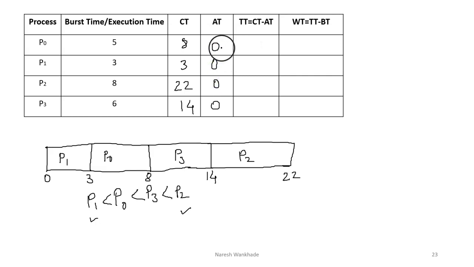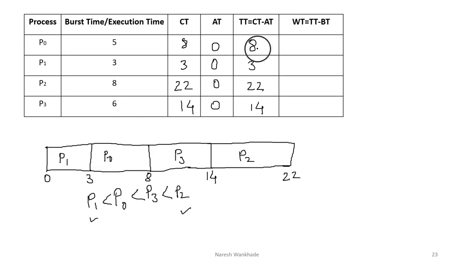Then turnaround time is completion time minus arrival time. That is 8 minus 0, 8; 3 minus 0, 3; 22 minus 0, 22; and here 14. Since all processes arrive at time 0, turnaround time equals completion time.